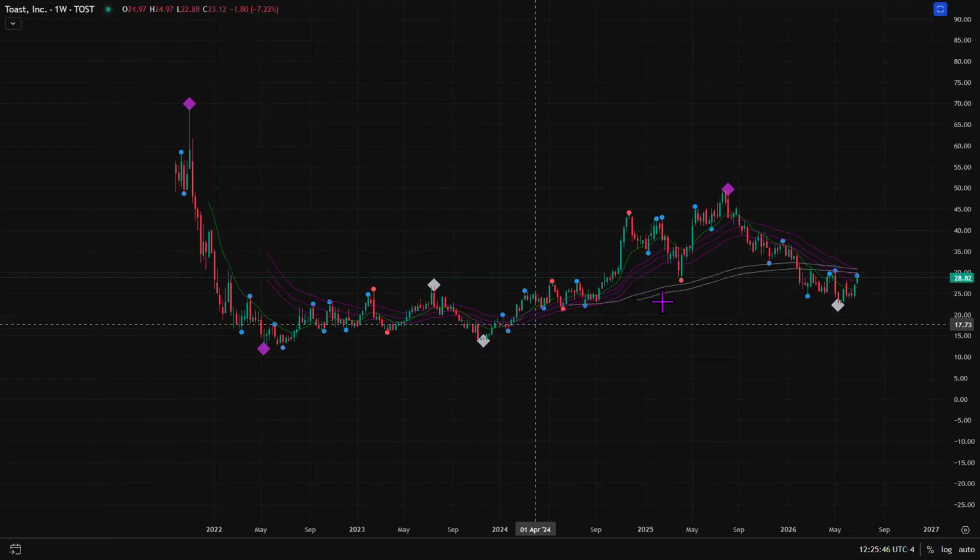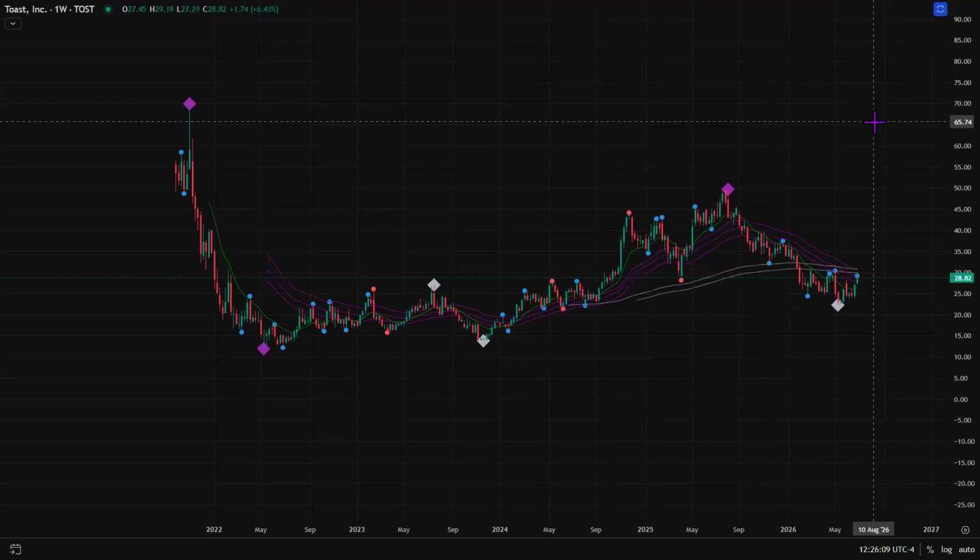So the beginning of the year occurred over here. So you can see that we're down from the beginning of the year. And the wave is just about to cross down below the tunnel.